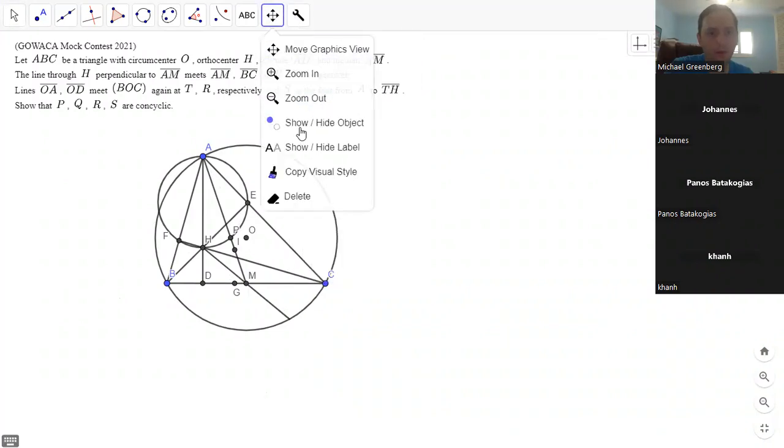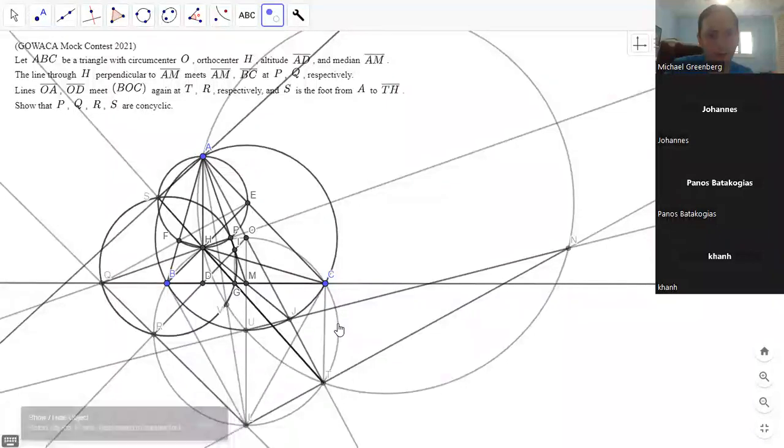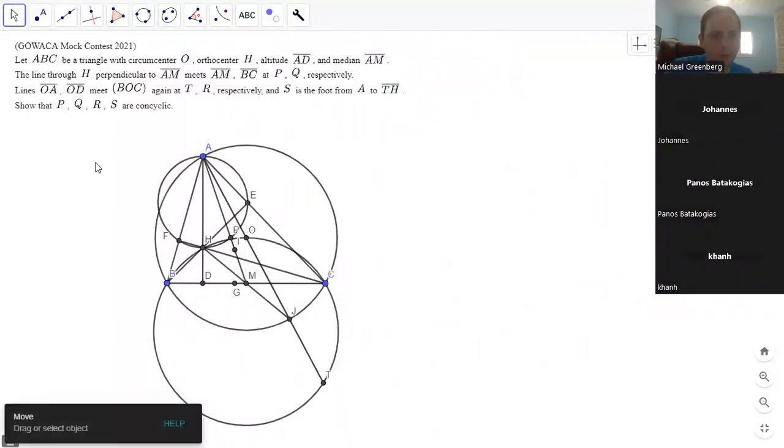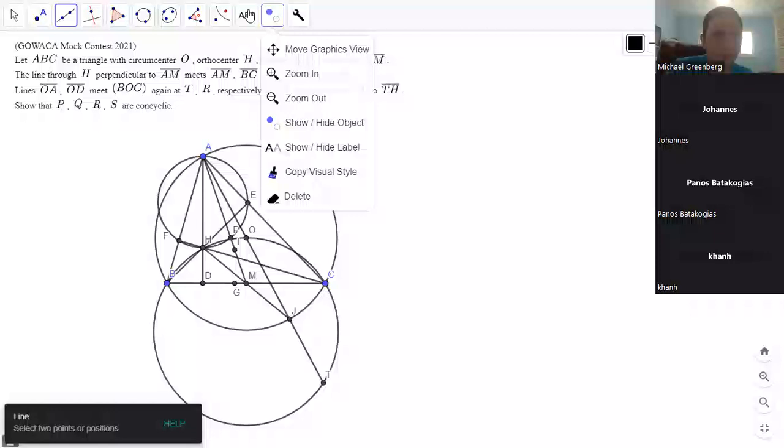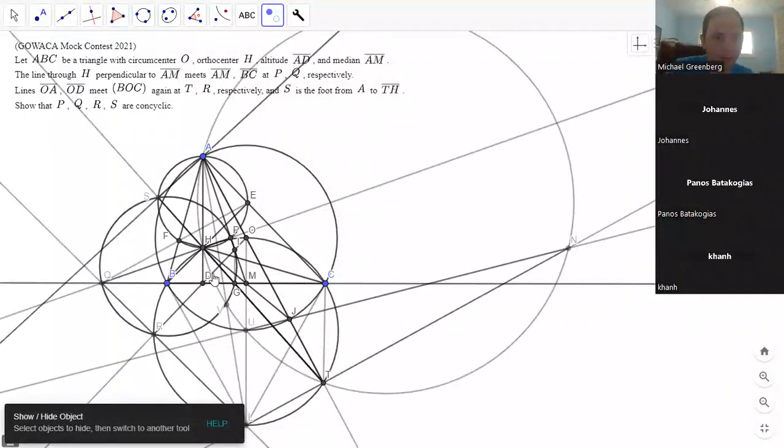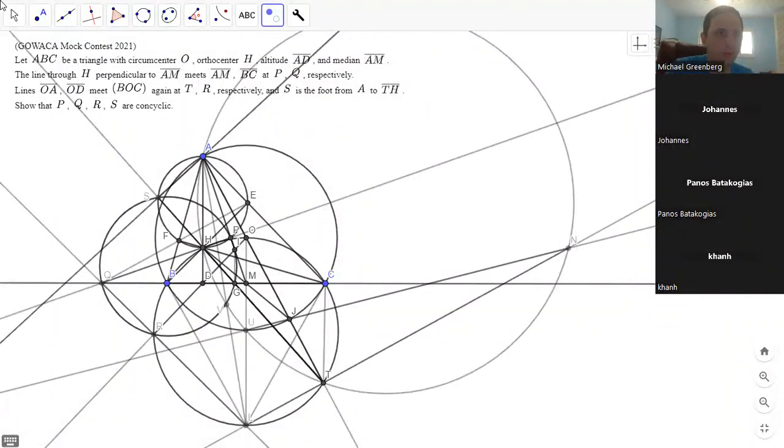Oh, we still need this circle. So let's see. Let me add this back in, or just OD.